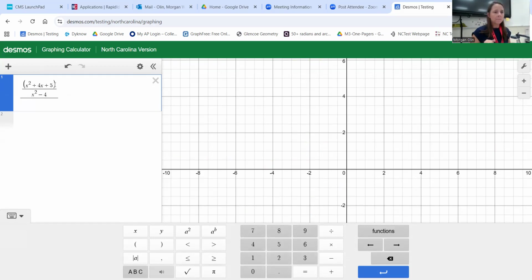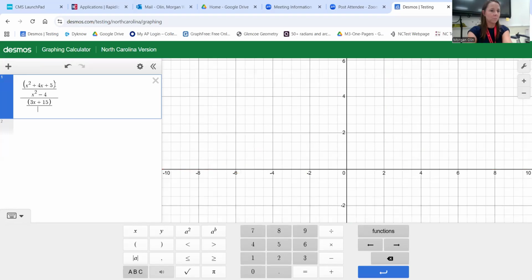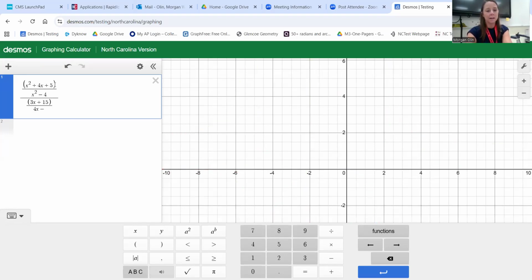Now, divided by, notice it doesn't have that little division symbol. It actually goes all the way underneath, and that's fine. I like putting the parentheses around the numerator and then dividing. Otherwise, you have to highlight it.